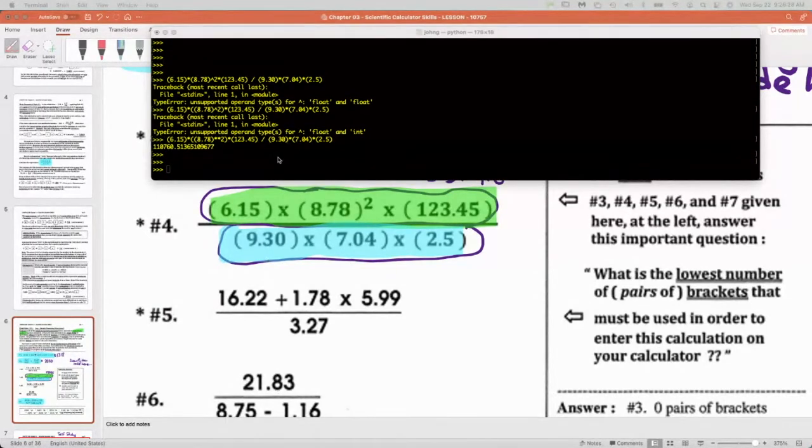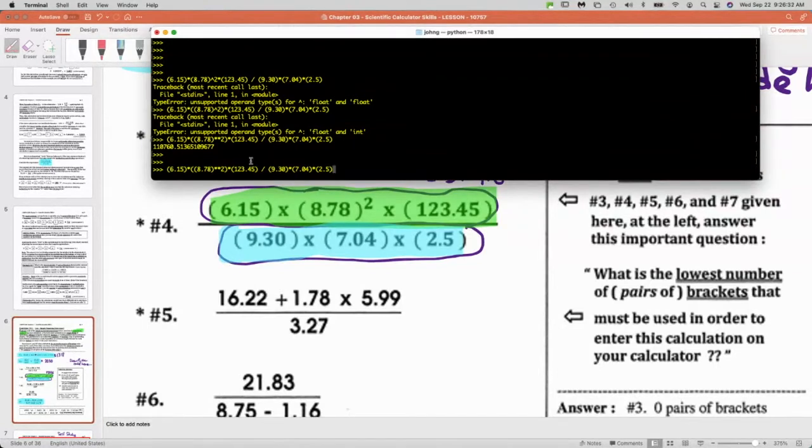So, the comment that Nicholas was making: I have to use a double star here because I'm using a programming language. But what Nicholas is saying is you've got to put a bracket around the entire first half. Then you put a bracket around the entire second part, which is your overall denominator.